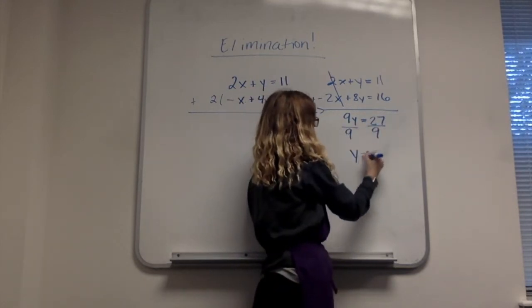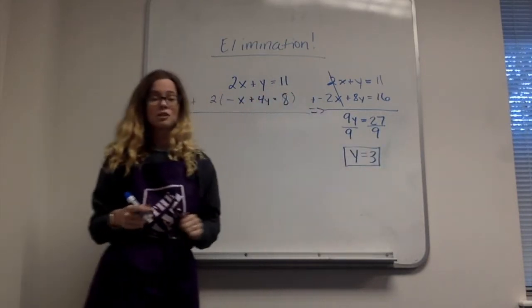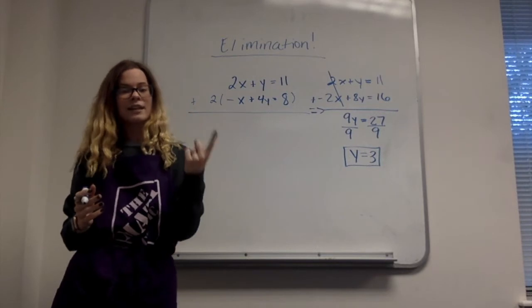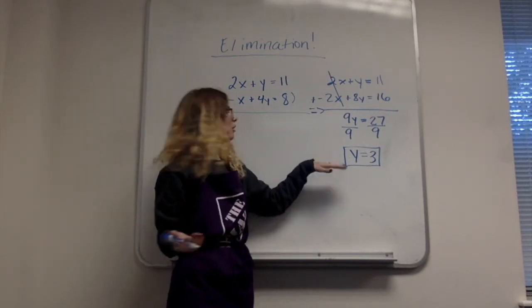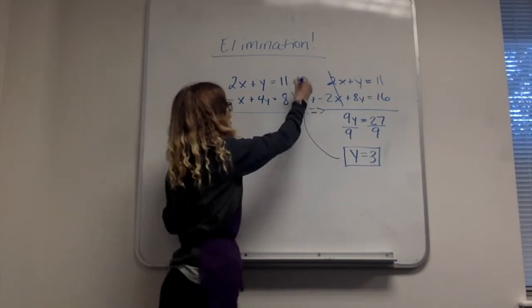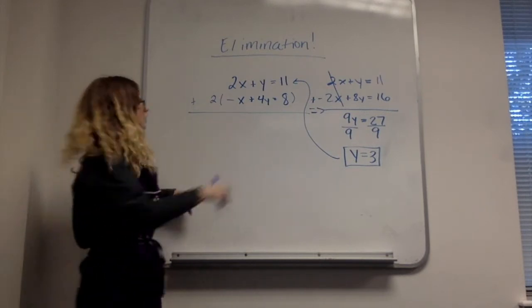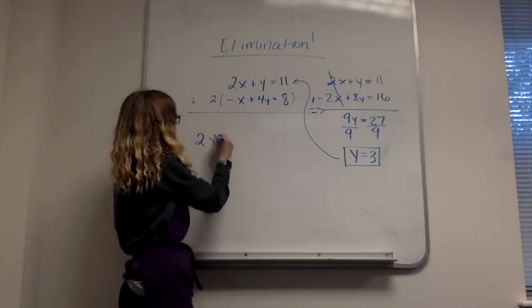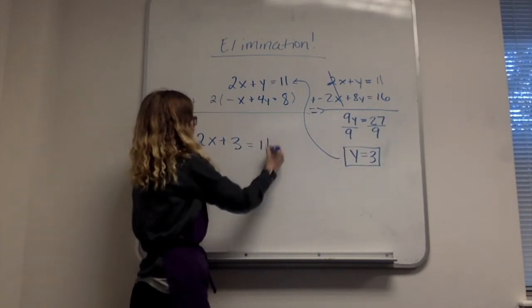So y equals 3. So you remember in substitution, we had to find two things. We had to find our x and our y. Well, now we have our y, so it's the same process now. We need to find our x, so we're going to take our y and plug it back into any of the equations we started off with. I'm just going to do the top one. So we have our 2x plus our y, which is 3, equals 11.